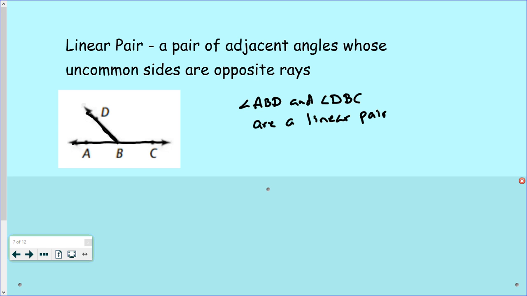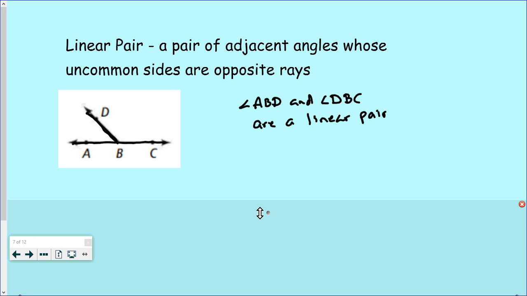Now, linear pairs can be identified without markings again. They have that adjacent side, which we can tell, and they have the line ABC. So they are adjacent to each other, and their uncommon sides make opposite rays, which is also called a line. So these two are a linear pair.